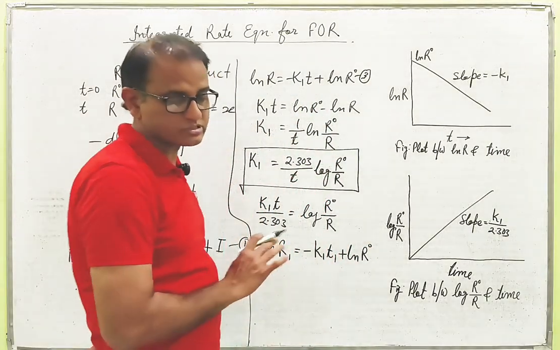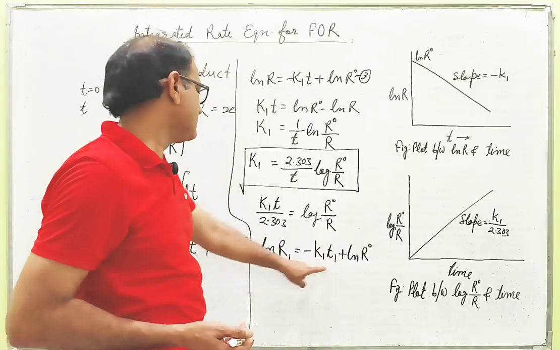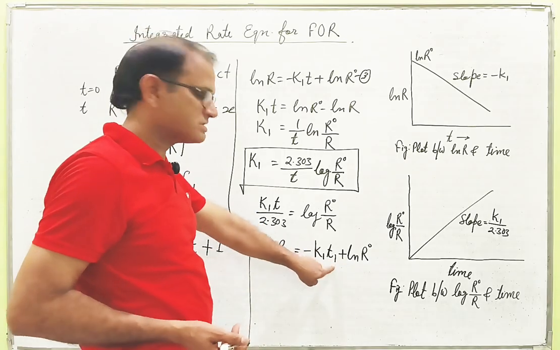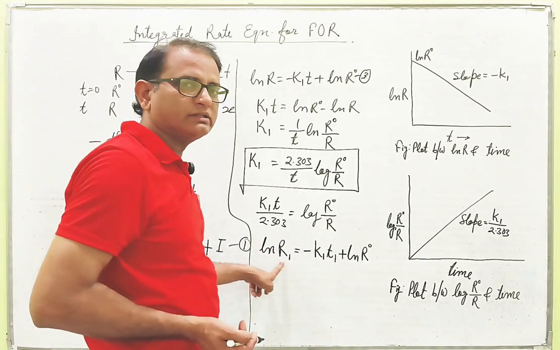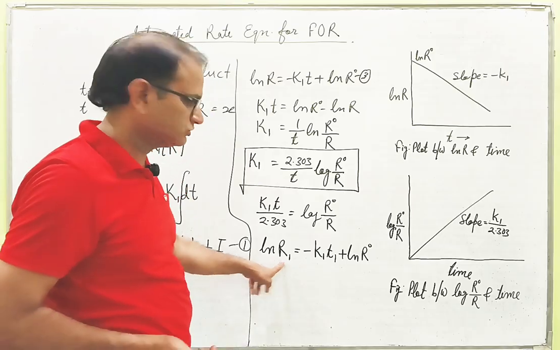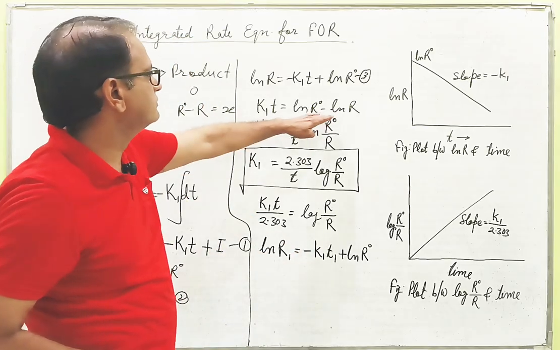Am I right? So this is how we can write that at a time T1 the concentration of reactant is R1. So this is how that equation will become.